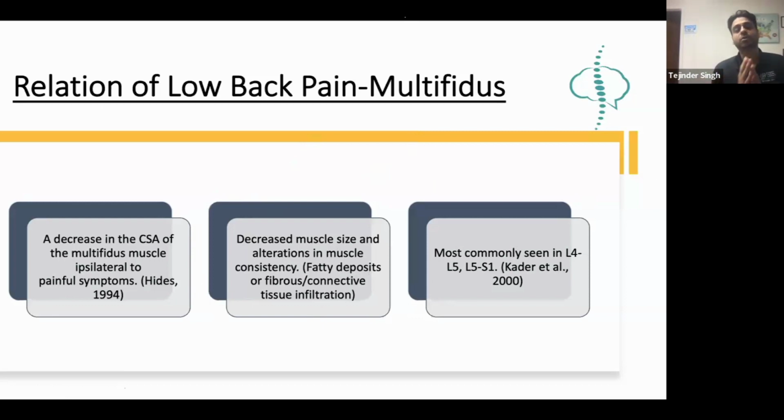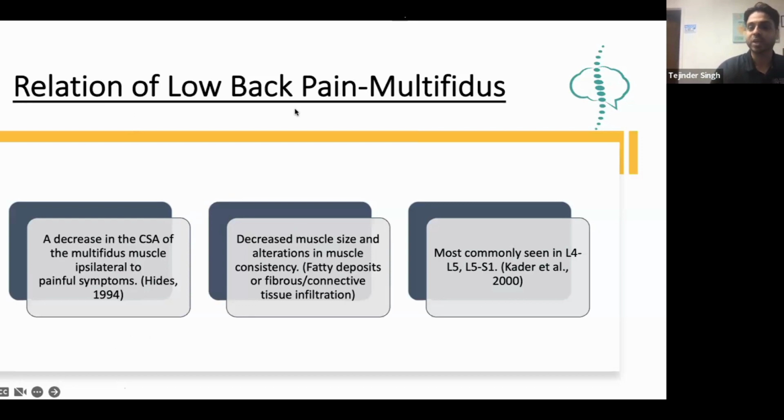So every time you're treating a patient with low back pain, make sure you assess L4, L5, because you're going to find multifidus atrophy at that segment. Also L5S1, but L4, L5 is the most common segment where you'll find muscle atrophy. And we'll talk about treatment ideas and what research says about how we should address it.